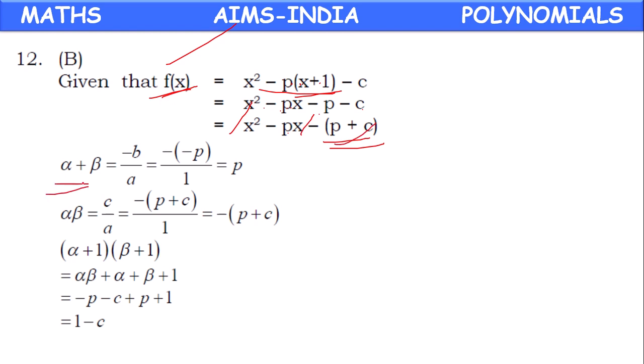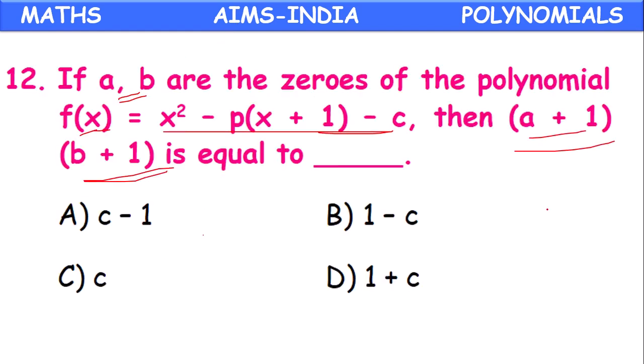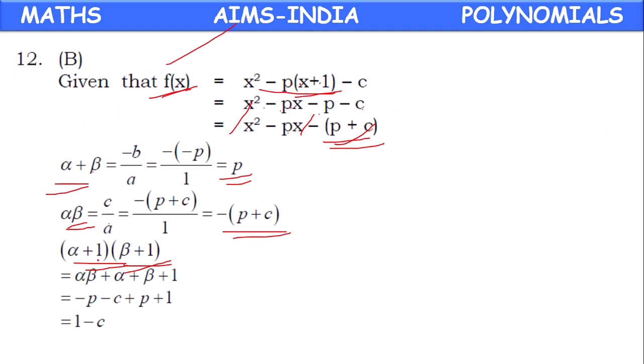Now alpha plus beta, how much? Minus b by a, p. Alpha beta, how much? C by a, minus of p plus c. They are asking the product of alpha plus 1, beta plus 1. If you multiply, alpha into beta, alpha beta, alpha into 1, alpha, 1 into beta, beta, 1 into 1, 1.